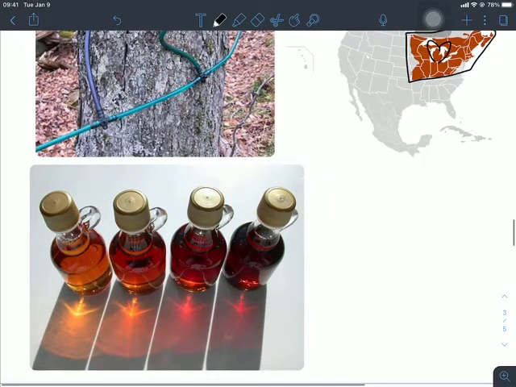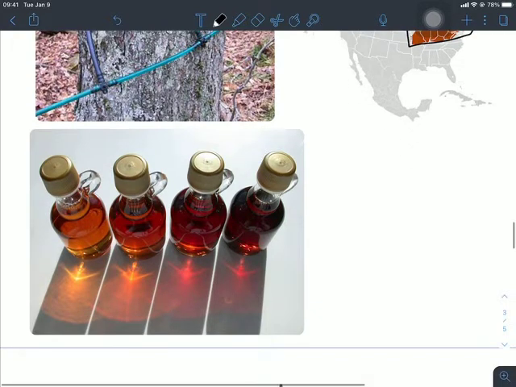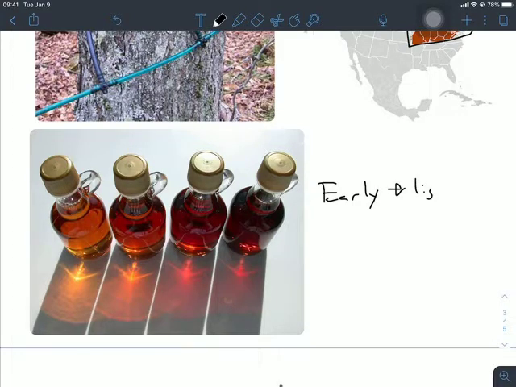And maple syrups are quite beautiful. You will see a seasonal difference in the color patterns of maple syrups. With the early snow melts, the maple syrups are typically lighter, like that which we see on the left side here. And then with the later spring, the maple syrups can be darker.